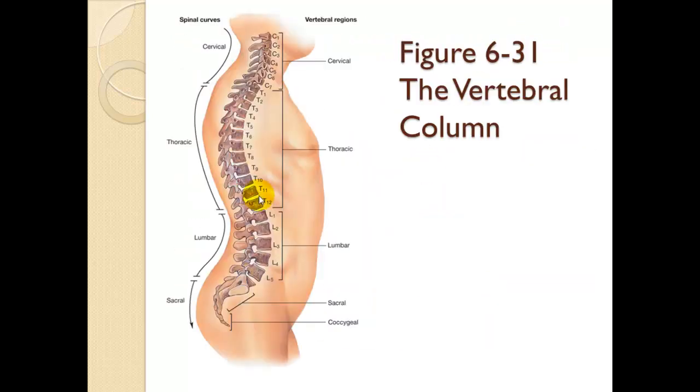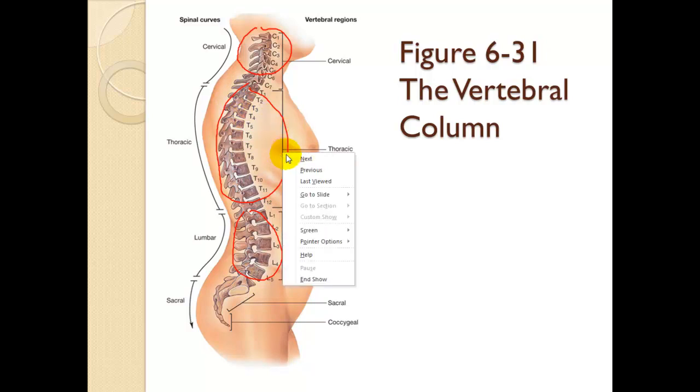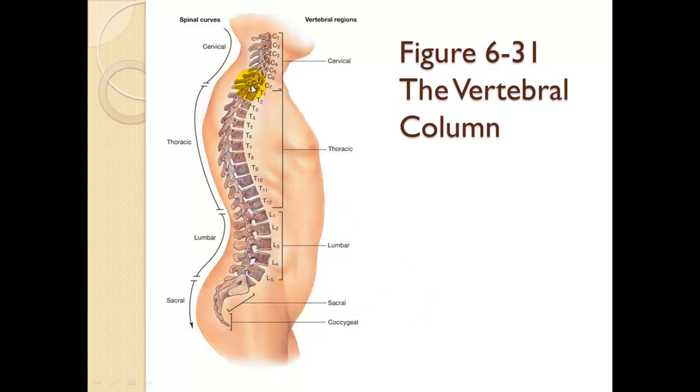Cervical vertebra, you need to know C1 through C7, T1 through T12, L1 through L5, sacral and coccyx. Now, we have weak points in the spinal column. The weak points are essentially where another structure is holding on, and now we have free-floating vertebra.